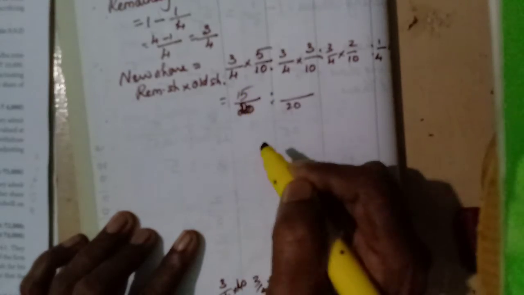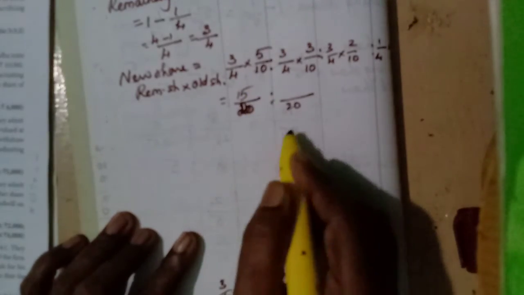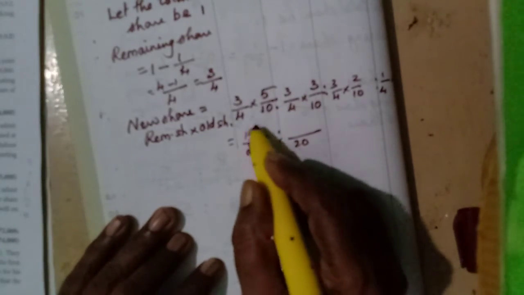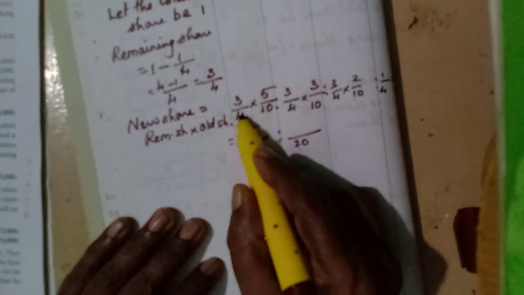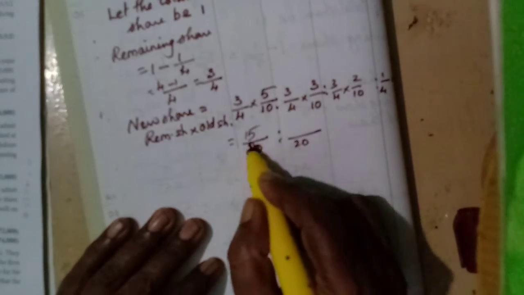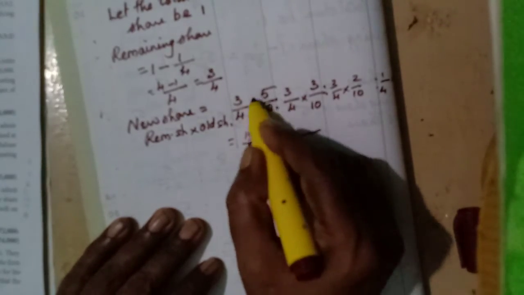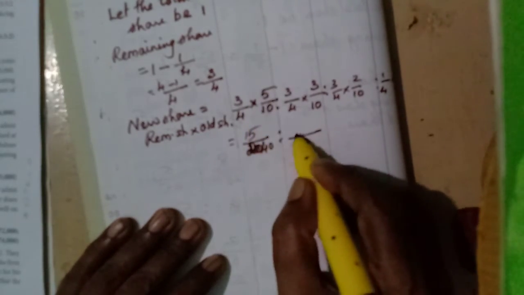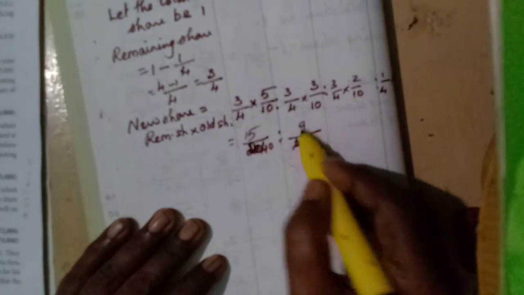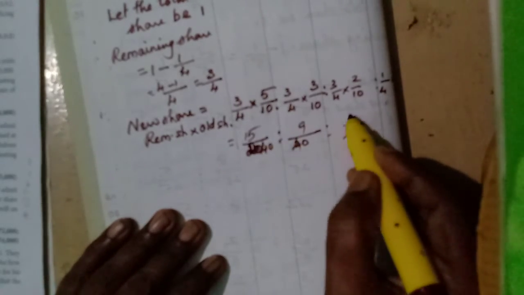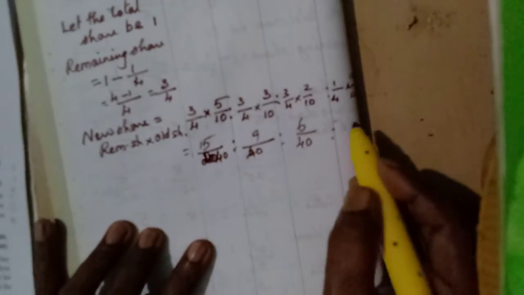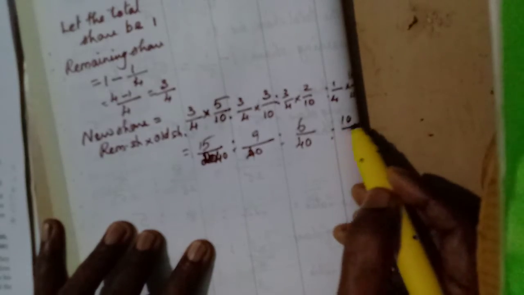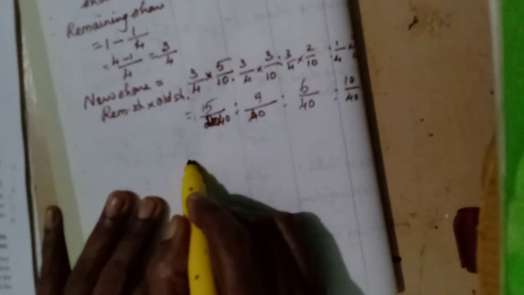Sorry students, we need to multiply, isn't it? This is multiplication, no? Sorry, I was thinking that minus. To get 40, we need to multiply up and down by 10. So 10 by 40, this is the share.